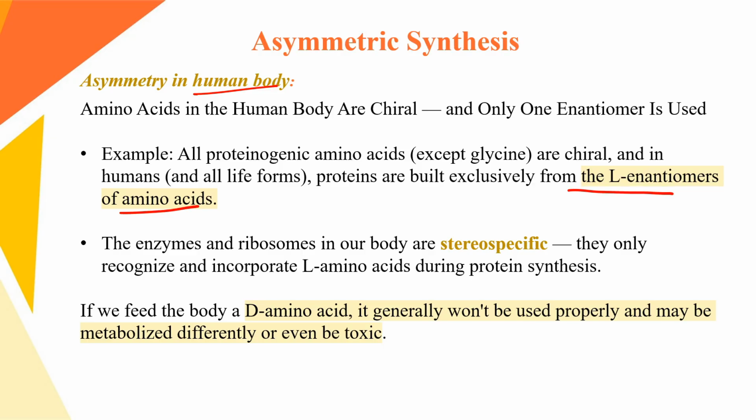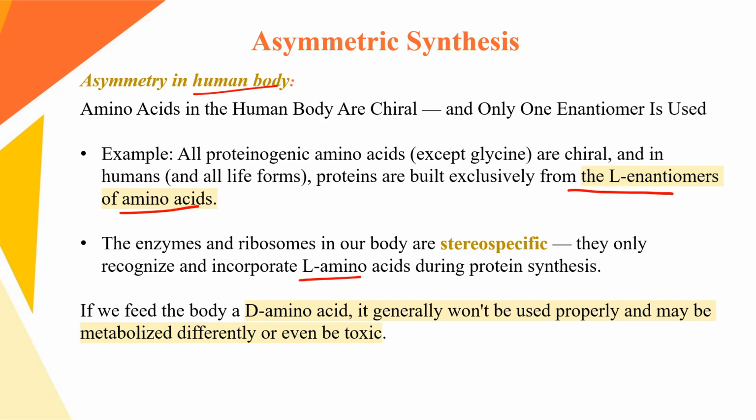And this is because of the presence of enzymes and ribosomes in our body, which are chiral and very stereospecific, where only the L amino acids are naturally selected by our enzymes and ribosomes. That's why our body recognizes and incorporates L amino acids over D amino acids.